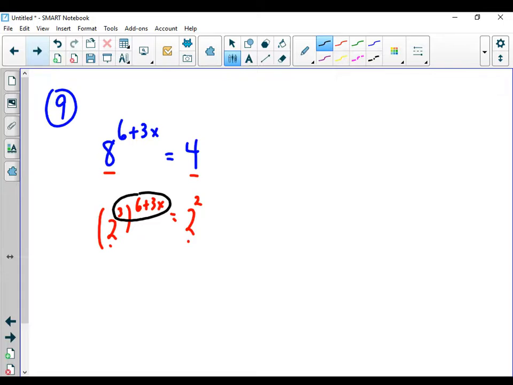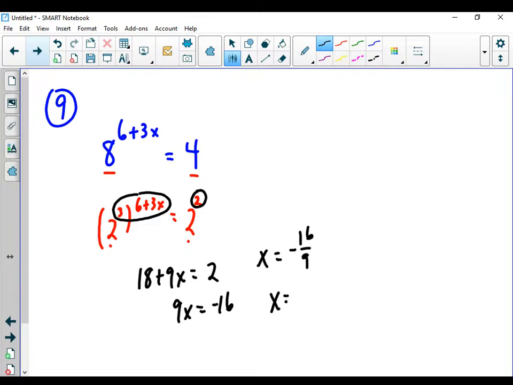So I've got 3 times 6 plus 3x, or in other words, I've got 18 plus 9x. And it should be equal to this exponent, which is 2. So this one, when I subtract 18 and I divide by 9, I get negative 16 ninths. Or if we divide it out, negative 1.7 repeating.